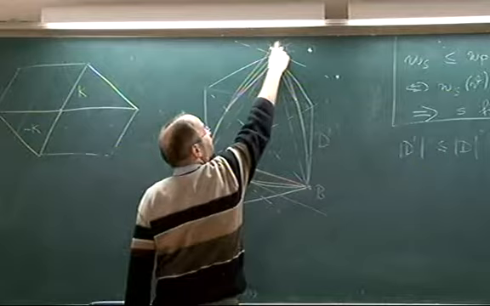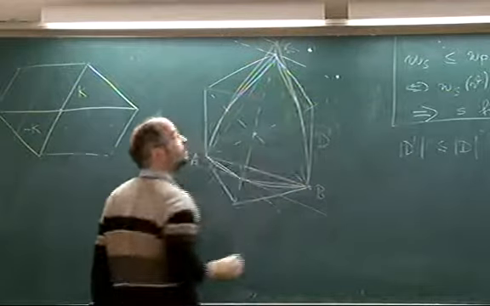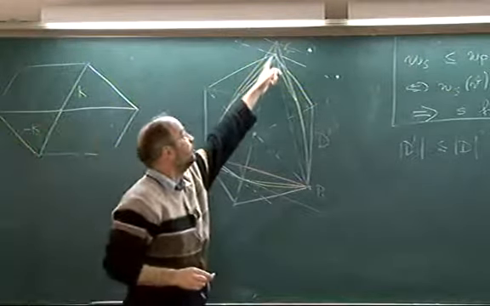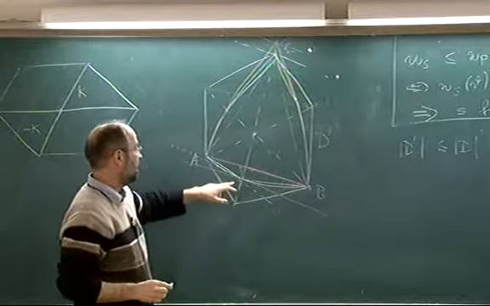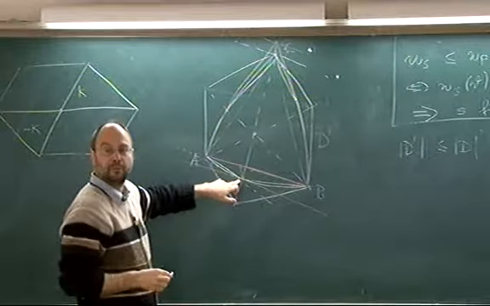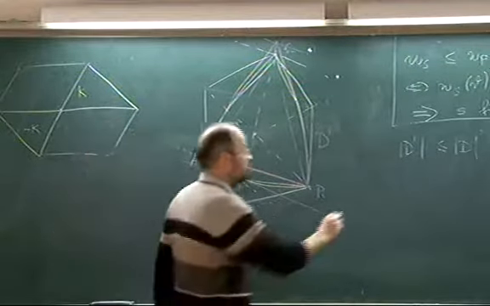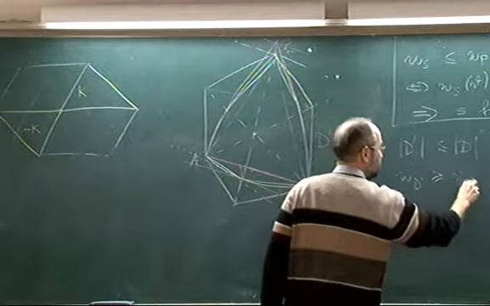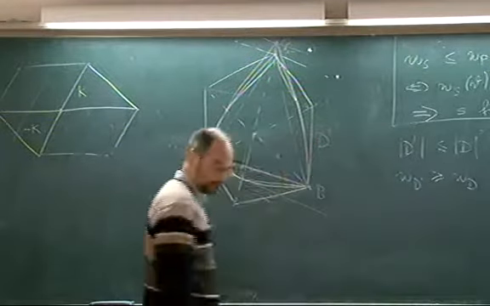But here I move at least by this distance. So the width that I gain at the top is definitely at least what I'm losing at the bottom. And so that gives me that the width of D prime dominates the width of D.